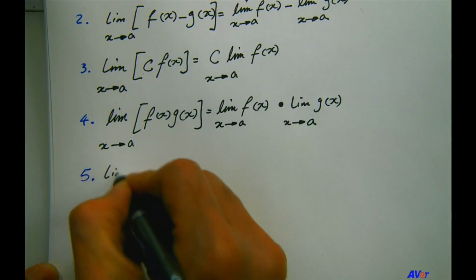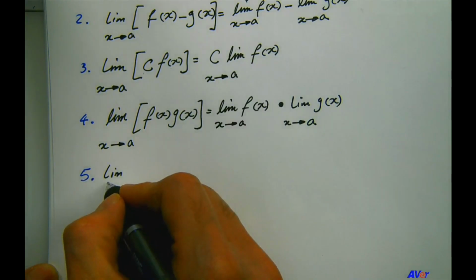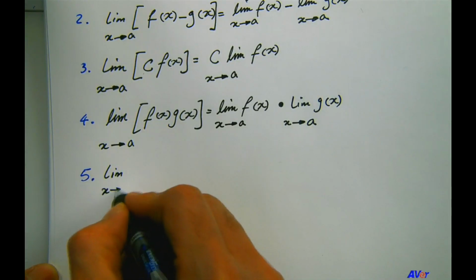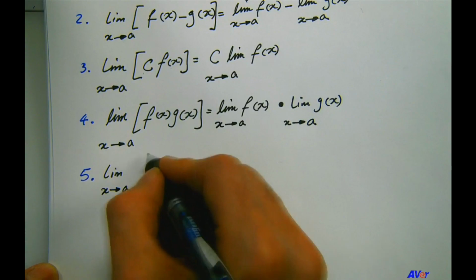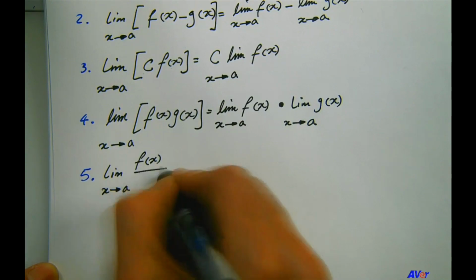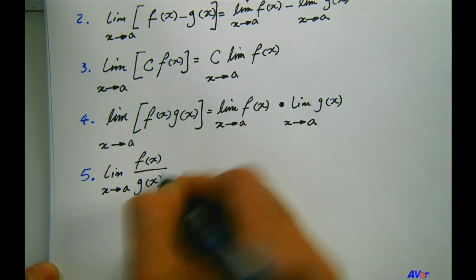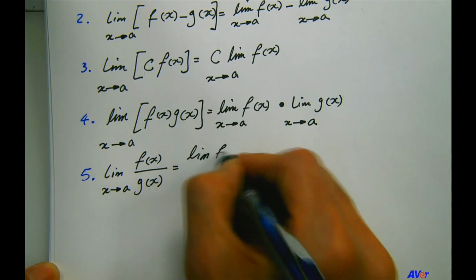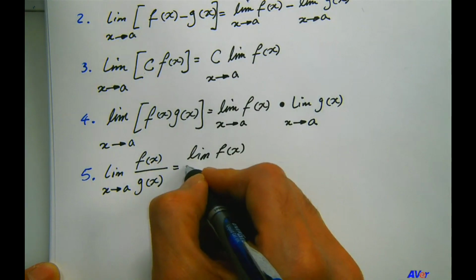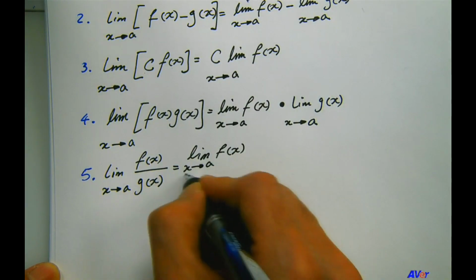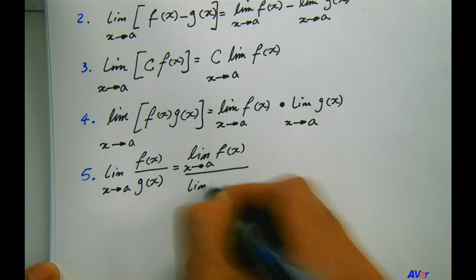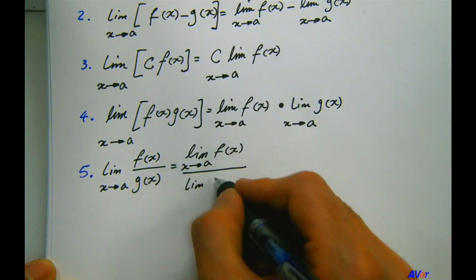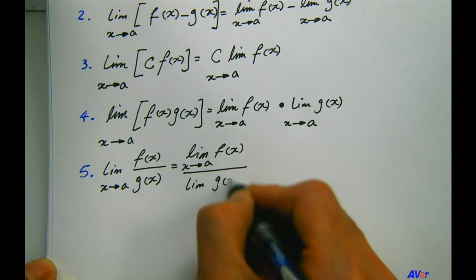And I'm sure you can guess the next one has to do with the limit of the two functions divided by each other. The limit of f of x divided by g of x would be equal to the limit of those functions divided by each other. Like that. And also the same thing for the function in the denominator.